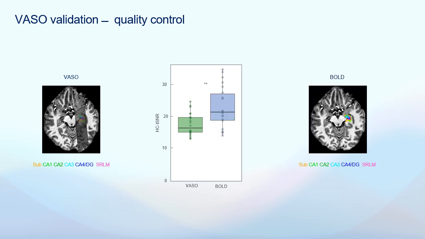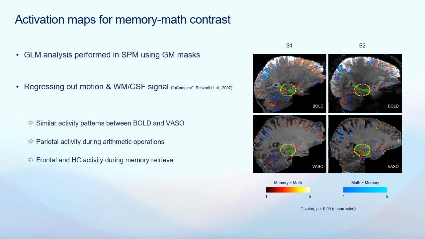Similarly, the BOLD data show a good co-registration with the underlying T1 image, and unsurprisingly, the tSNR of BOLD data is significantly higher than the VASO. We then performed GLM analysis and included motion estimates as well as white matter and CSF signal fluctuations as nuisance regressors in our model.